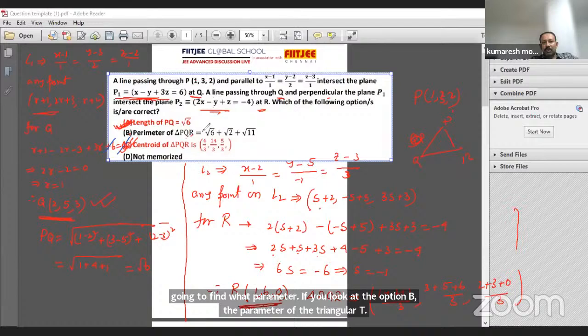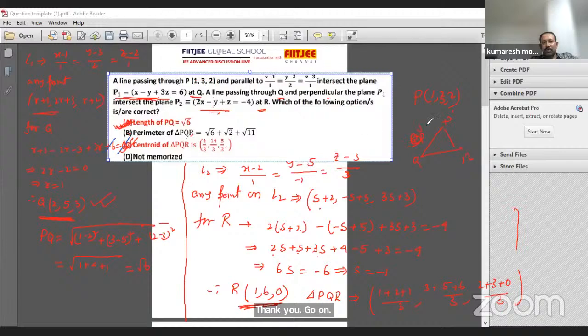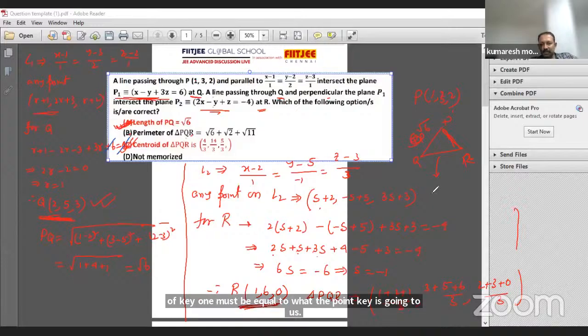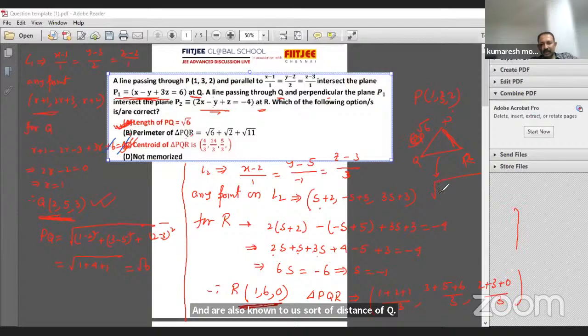We got the length of PQ as root 6. Let's say for the length of QR, the point Q is known to us and R is also known to us. So the distance of QR is root over of 2 minus 1, 1 square, plus 5 minus 6, again 1 square, plus 3 minus 0, 3 square.